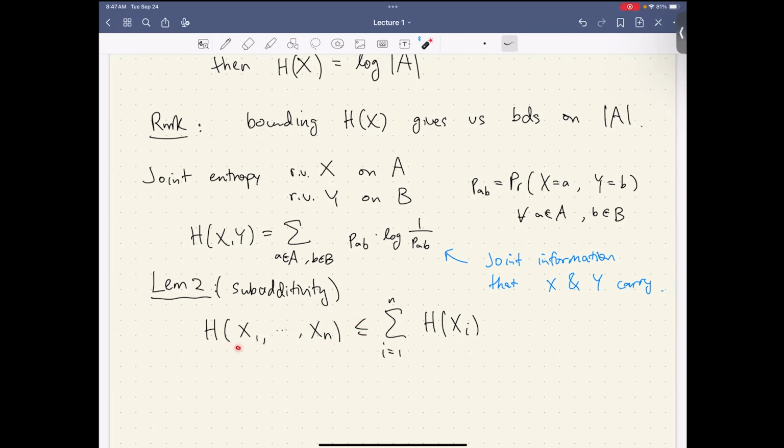But sometimes knowing x1 and x2 already gives you some information about x3. Then by revealing x3, you only gain a little bit more. So their joint information is never more than the total sum of the information each random variable carries. We will prove this later, but let's remember this intuitive meaning.